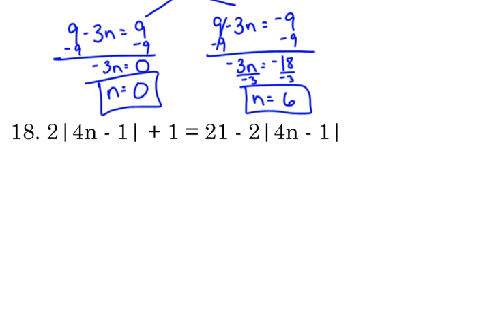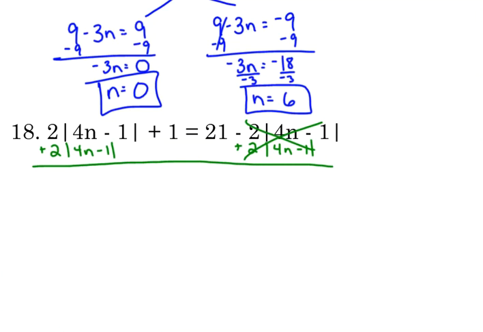Okay, so for this one, since the right side has a negative coefficient in front of it, let's add 2 absolute value of 4n minus 1. So it's gone over here because we had negative 2 plus 2. That's 0.